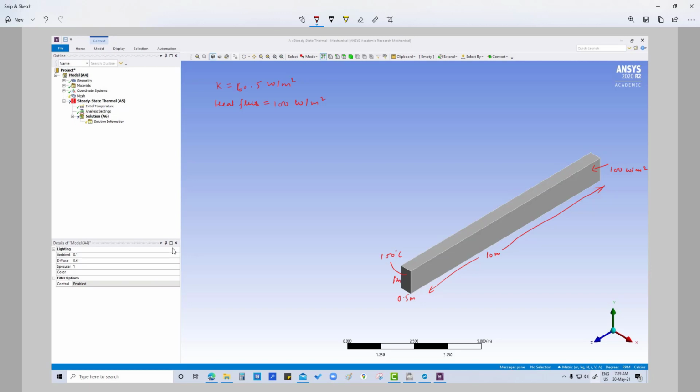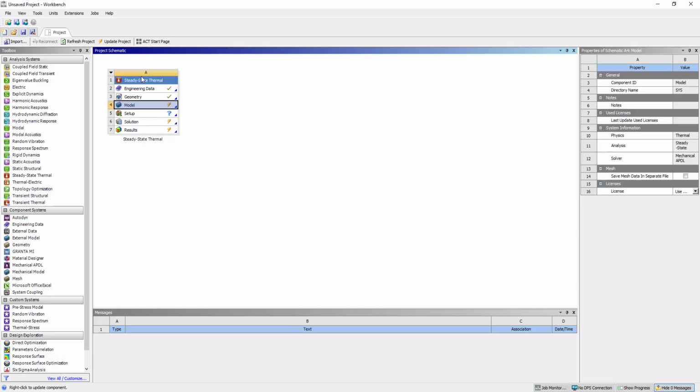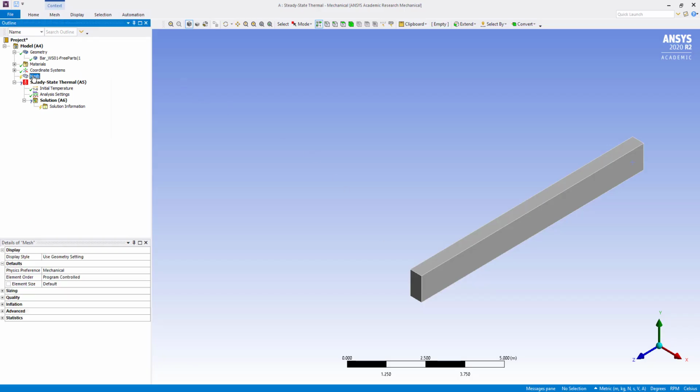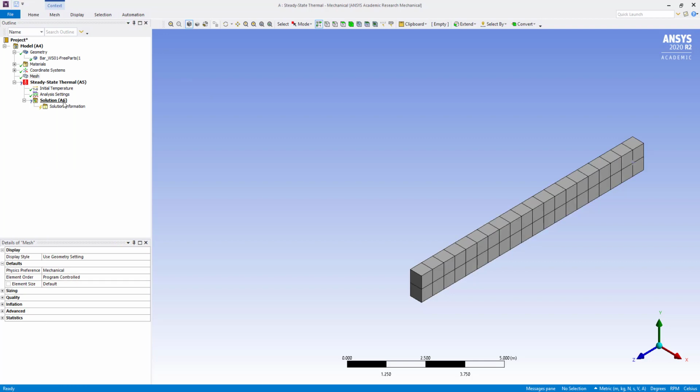So now what we are going to do, we have opened this project screen, and here we have taken this steady state thermal and geometry also we have imported. Now double click on model and we will be in the mechanical window. We are going to generate mesh. Mesh has been generated here.